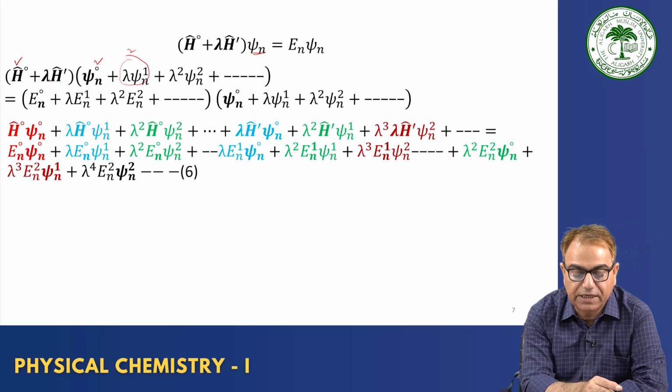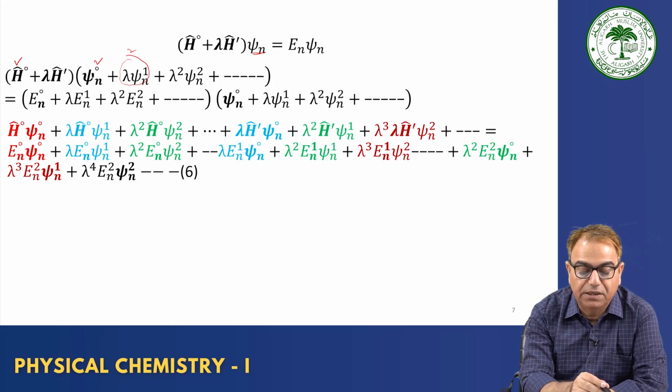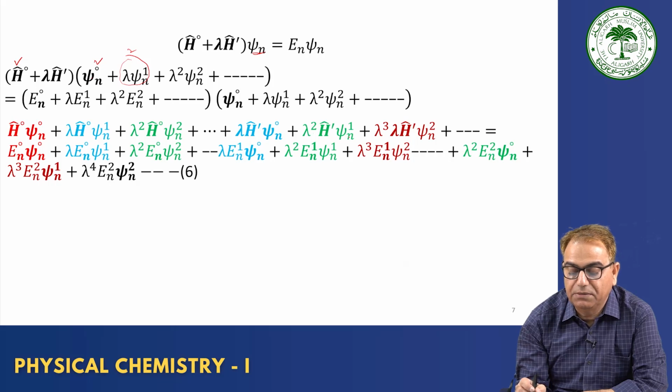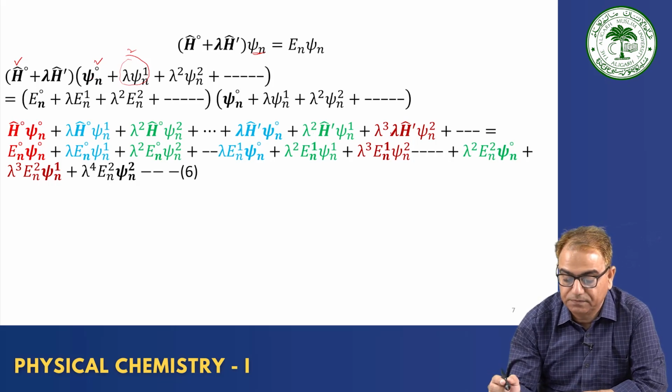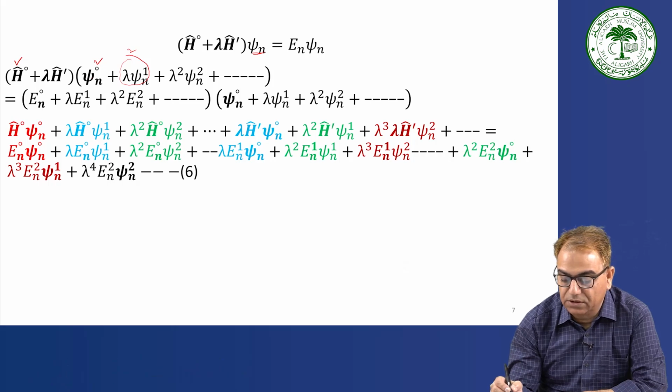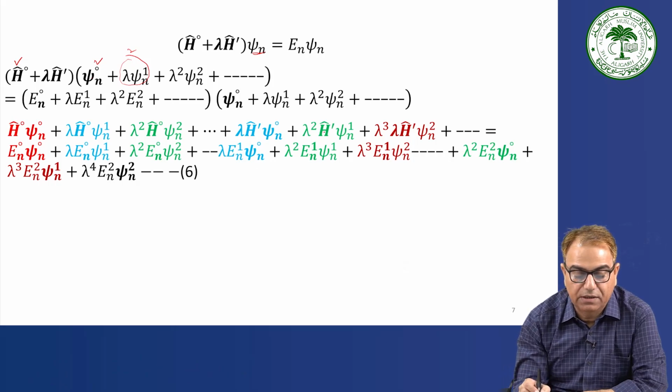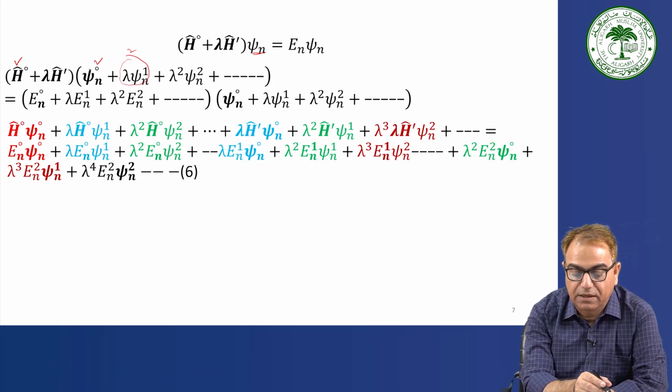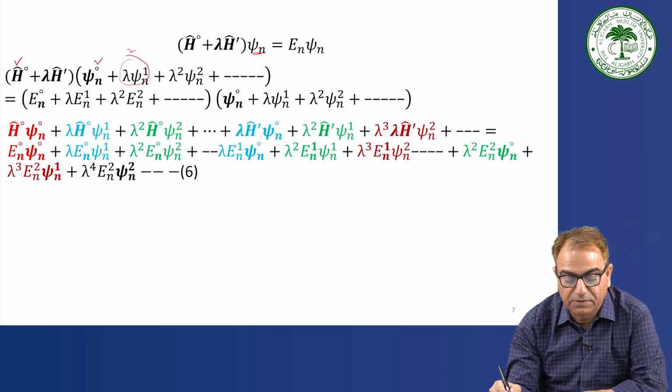Then go for the second term. For the second term, you have lambda H prime multiplied by psi n naught, lambda squared H prime psi n1, and then lambda H prime times lambda squared psi n2, which gives lambda cubed H prime psi n2.